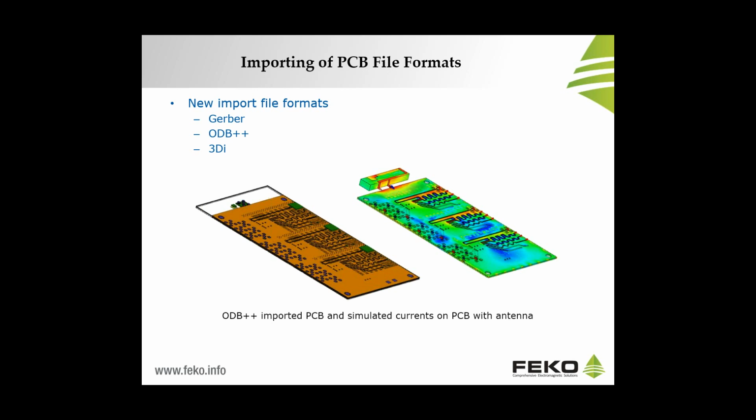And this is what you will be able to use in FEKO 7.0. For example, here in this slide you can see the PCB of a mobile phone a customer sent to us in ODB++ format. We imported that into FEKO. We added the antenna you can see here, and here you can see the computed surface currents on the PCB and on the antenna.